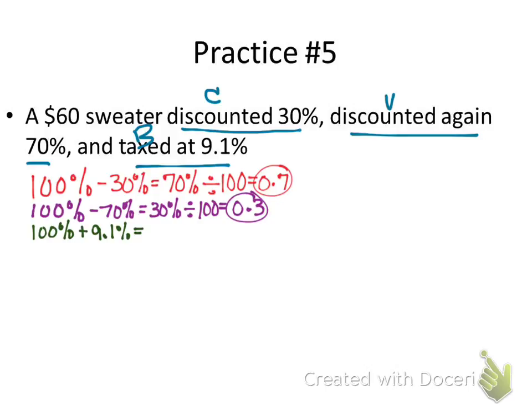Correct. 109.1. There we go. 109.1% now. Divided by 100, which equals 1.091. Don't forget your 1.